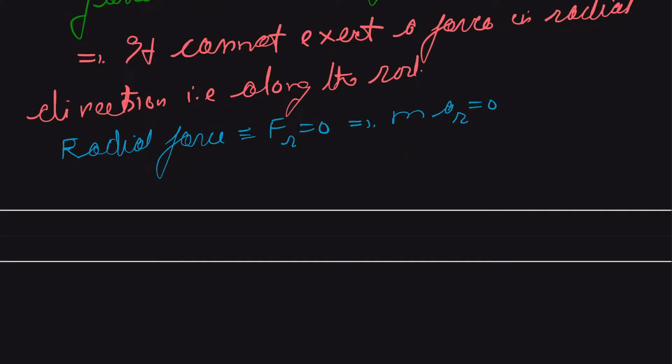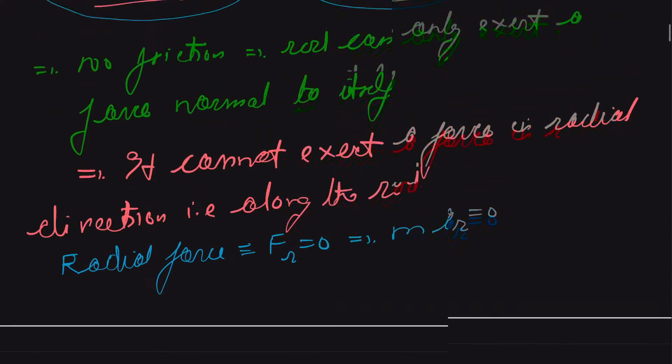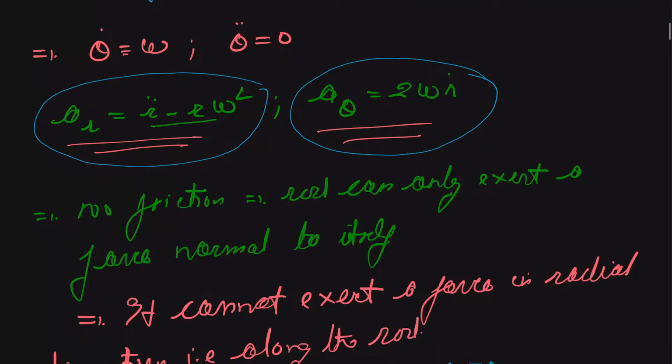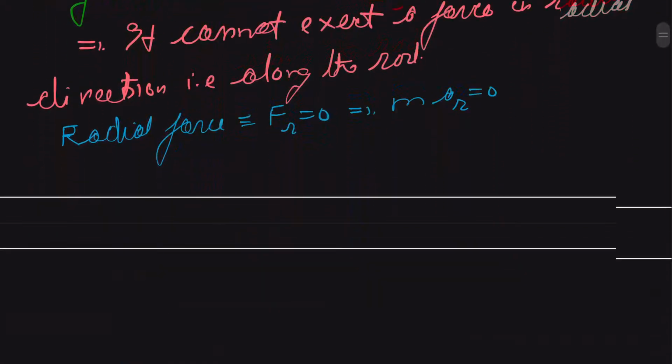Because mass cannot be equal to 0, therefore ar is equal to 0, or we can say r double dot is equal to 0.